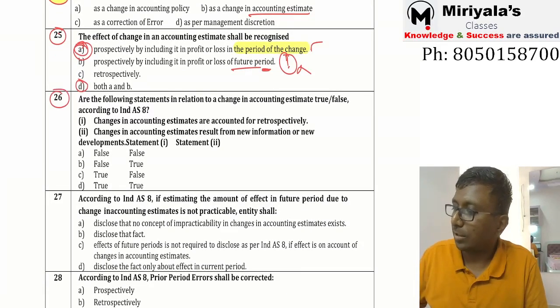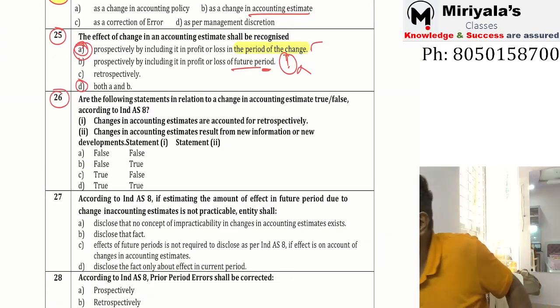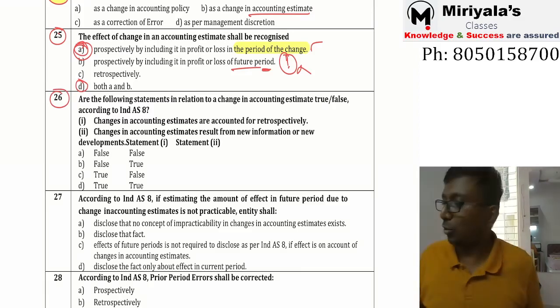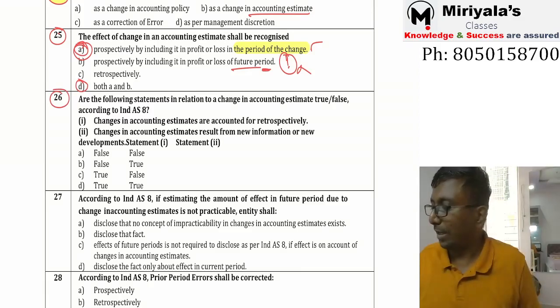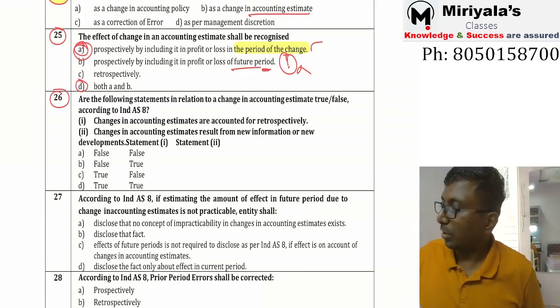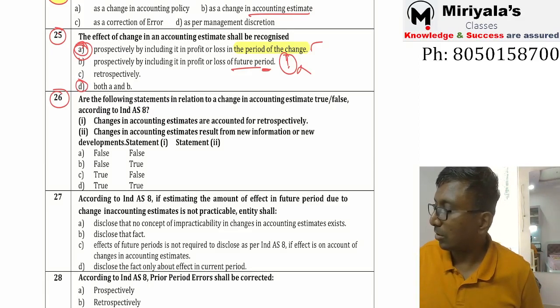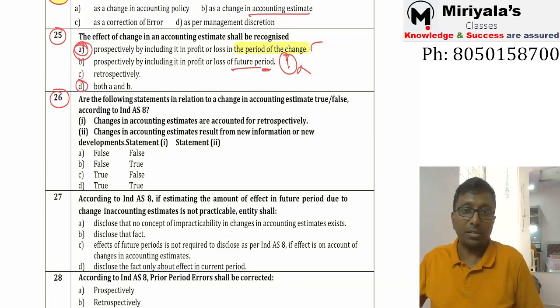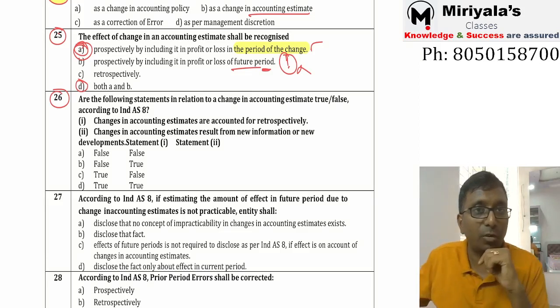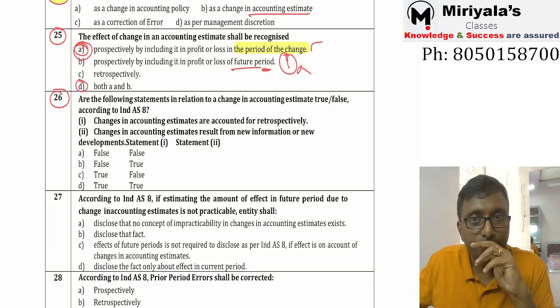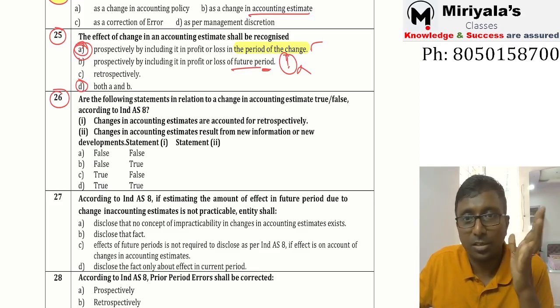So the 26th one. Are the following statements in relation to change in accounting estimation true or false according to Ind AS 8? Change in accounting estimations are accounted for retrospectively. Tell me, true or false? Change in accounting estimations are not accounted for retrospectively.